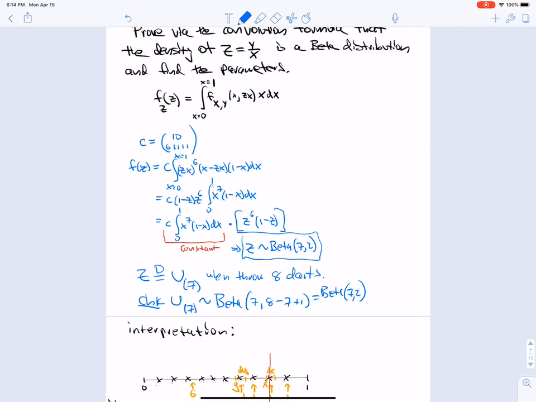And I want you to notice that Z here is equal in distribution to just U, the 7th order statistic when you throw just 8 darts, which you can verify since U7 when you throw 8 darts is also a beta 7, 2.